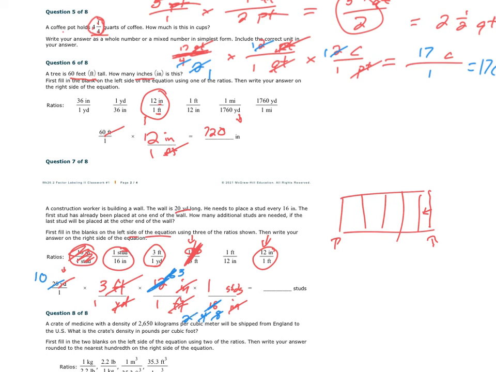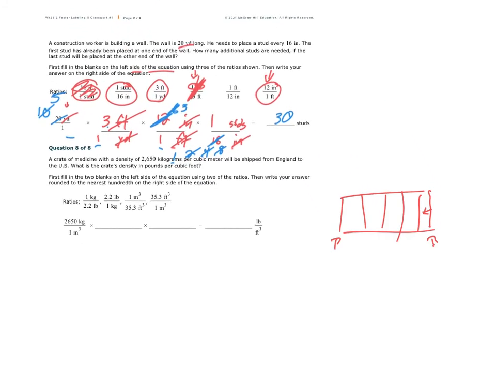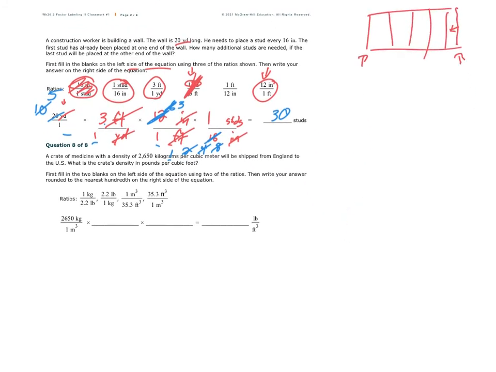And then let's divide 2 and 10 by 2. There was a faster way to do this, but this works well too. So I'm left with 1 as my denominator after all these. And my numerator is 5 times 3 times 3, so 30. I need 30 studs. There you have it. Factor labeling, dimensional analysis at its best.